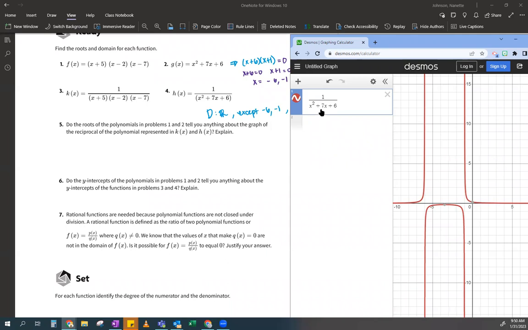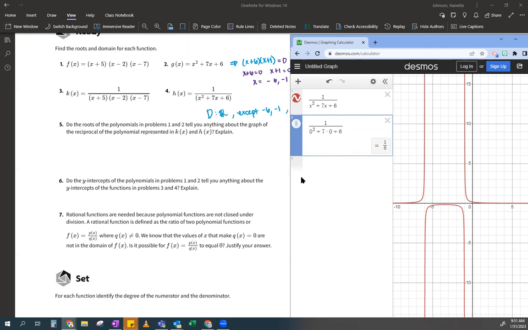So let's see. Let's plug in 0 here and see what we get. So we're going to put 0 squared plus 7 times 0. Oh, that's weird. Well, that would just be 1/6. Wait, Ms. Johnson, that makes sense, right? Because if I plug in 0, I get 1/6. Oh, that makes sense, right?